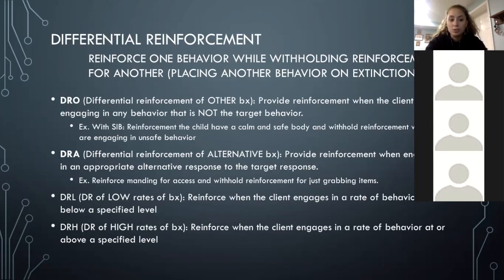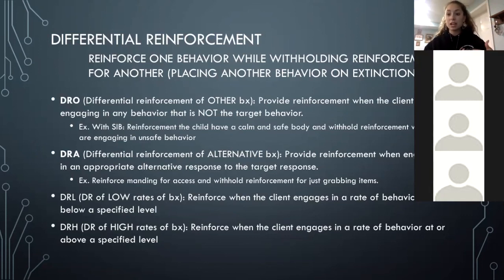So DRO is differential reinforcement of other behavior. I've heard it also said as omission of behavior. So this is basically when you're going to provide reinforcement to the client when he or she is engaging in really any behavior that is not the target behavior. So in regards to SIB, or self-injurious behavior, I'm going to reinforce whenever that kiddo has a calm, safe body.